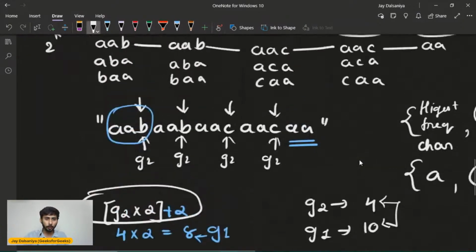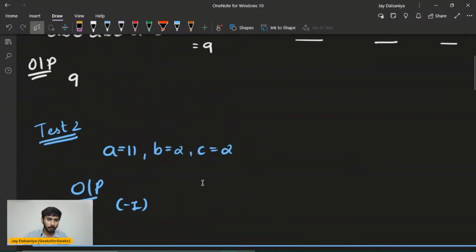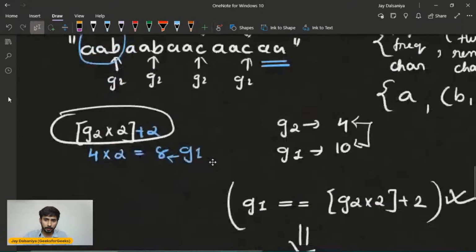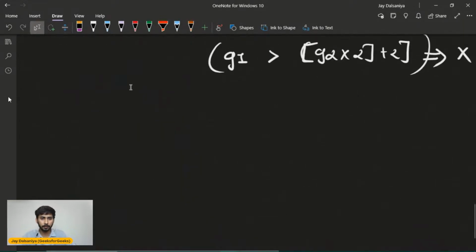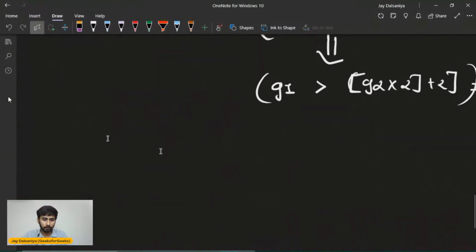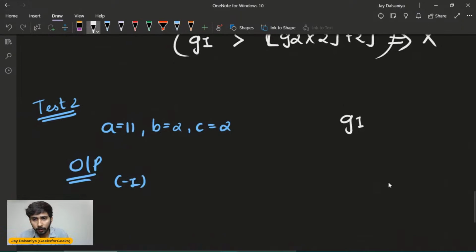How? You can observe over here with this test case, test case number 2. Let's observe. This test case had the same relation. Let's see what will be in group number 1. In group number 1, the highest frequency character would be 11. And for group number 2, it would be B plus C, that is 2 plus 2, that would be 4.